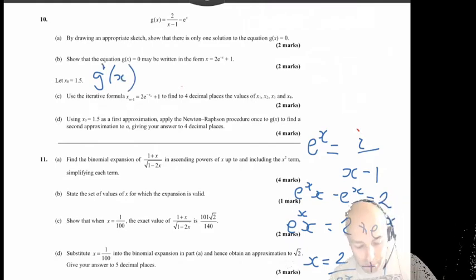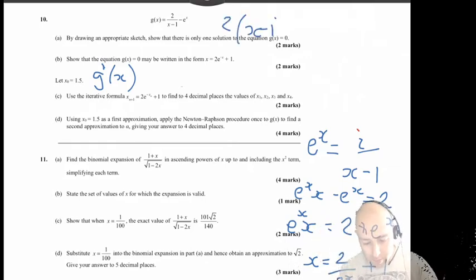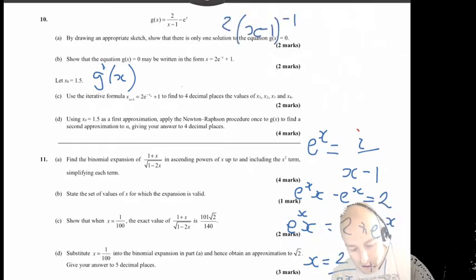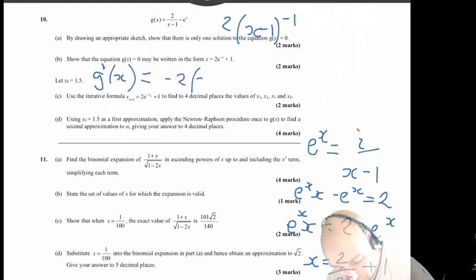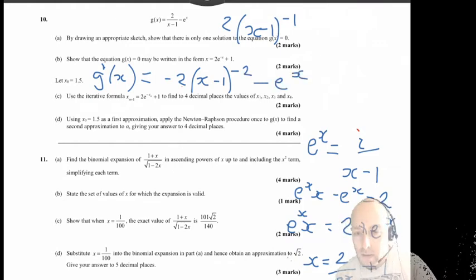So 2 over x minus 1. If we write that as 2 times x take 1 to the power minus 1, the minus comes down the front, so we get minus 2 times x take 1 to the power of minus 2. Then e to the x stays as e to the x. So that's our derivative of that function.